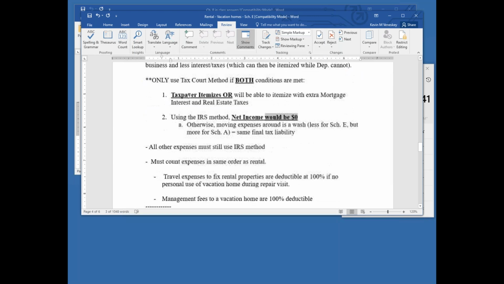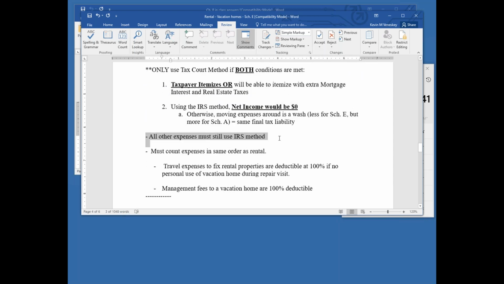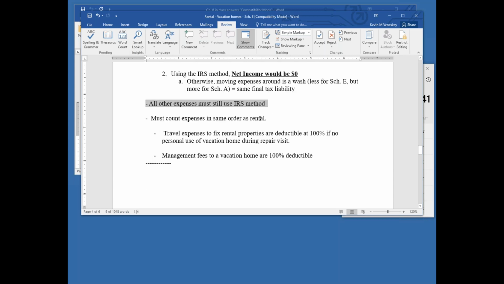Even when you use the tax court method, note with this item here, the tax court method is only for the mortgage interest and the real estate taxes. All other expenses still must use the IRS method. And you have to count your expenses in the same order as we did rental.